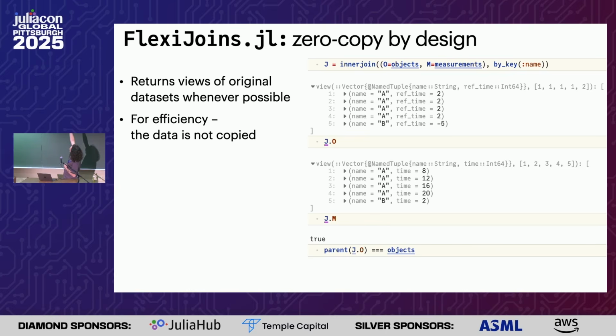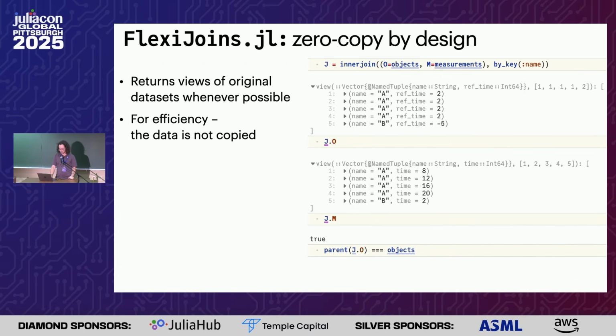So J is the resulting collection from an inner join, and you see that it's a struct array, so it contains a collection of elements from the left side and from the right side, and they are not copied collections. They are really, as you can see, views of your original data. This is important for efficiency if you have large datasets, maybe with 10, 20 columns, you don't really want to copy all of these to the join result.